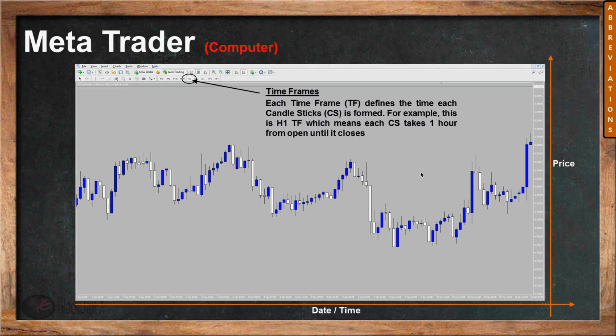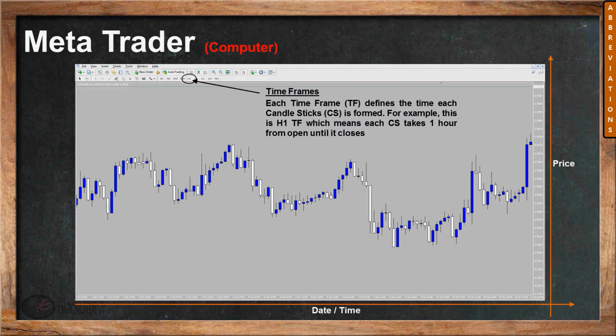Each time frame defines how long a candle is being formed. If we're looking at the H1 time frame, then each of these candles is formed within an hour.